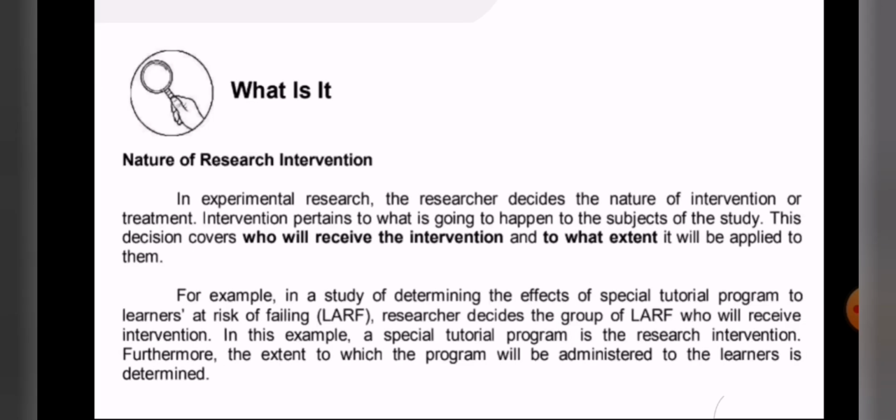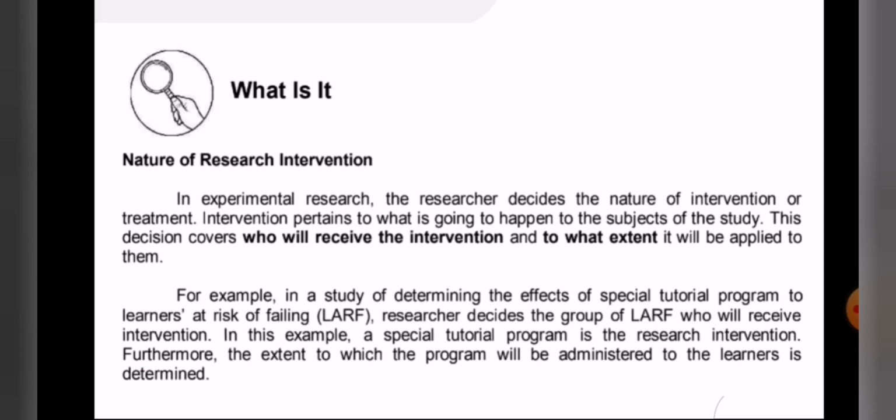in experimental research, the researcher decides the nature of intervention. When you say intervention, it is the involvement, or how wide the participation of all the people involved in your research is. The decision covers who will receive the intervention and to what extent it will be applied.